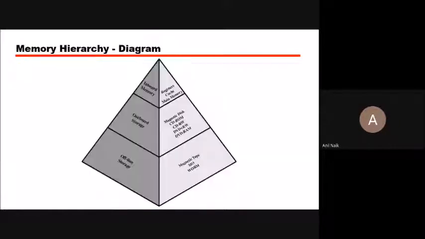In the registers the memory size is very small, so the response is fast, but it is costly. The registers and cache memory are very fast, but costly if you compare with the secondary memory. Here it is slow, but inexpensive.